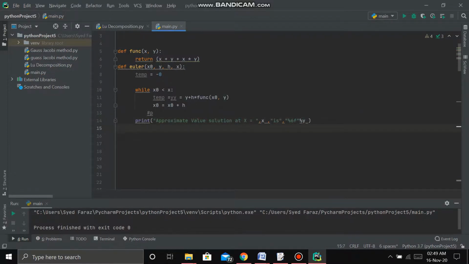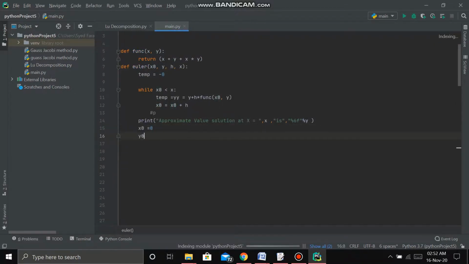Okay, now moving onwards, we'll put the driver code, and for that we have to take some initial values. I am taking x0 = 0, y0 = 1, and h = 0.025.